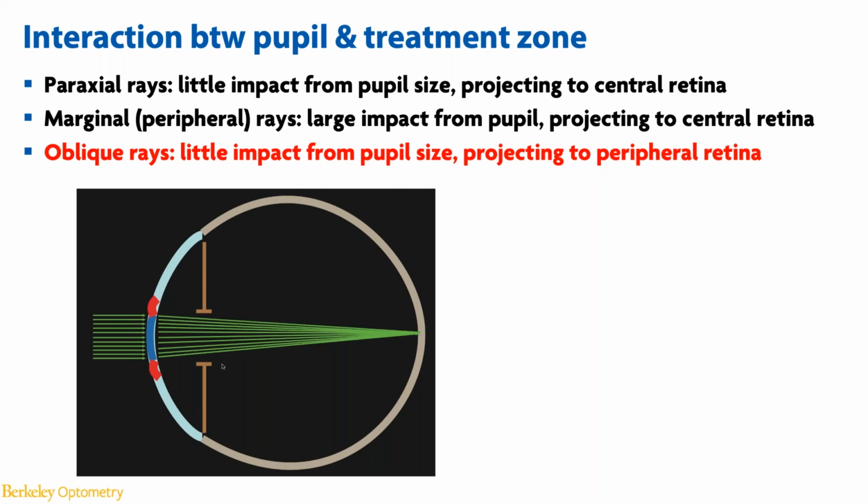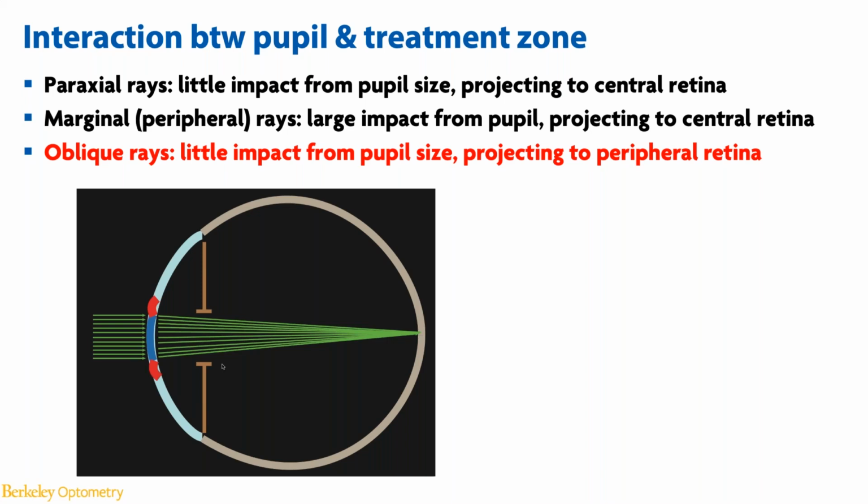So I want to explain some of the confusion we've been seeing and basically what exactly the smaller OZ is. Here we're more talking about a smaller treatment zone size on the cornea and how this is interacting with the pupil size.